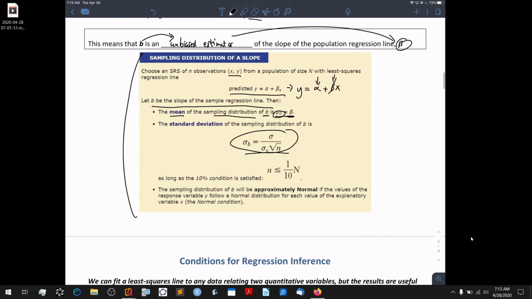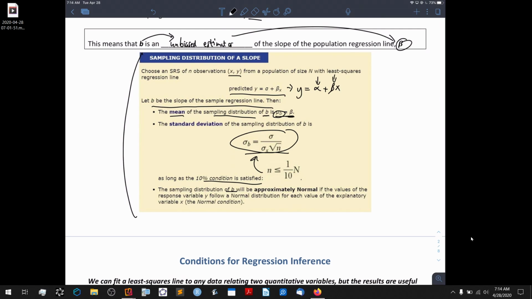This holds as long as the 10% condition is satisfied. In other words, to calculate the standard deviation of a sampling distribution, you still need to satisfy the 10% condition for independence purposes. And then the sampling distribution of b will be approximately normal.